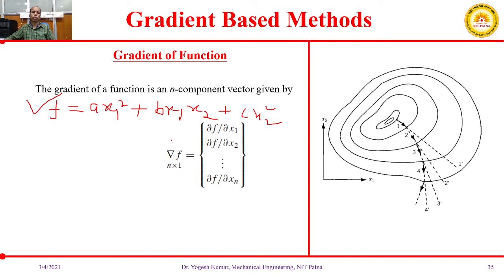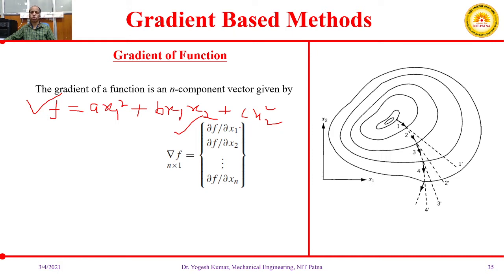Suppose we have an n dimension function, and if we want to take the gradient of this function, what will be the gradient? We will take the partial derivative of the given function with respect to each variable.